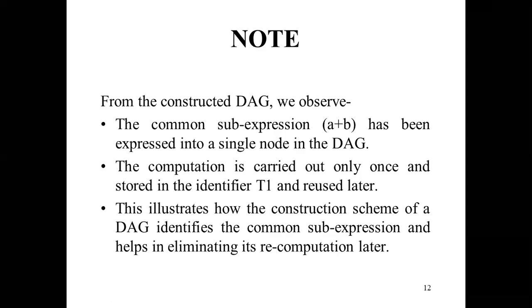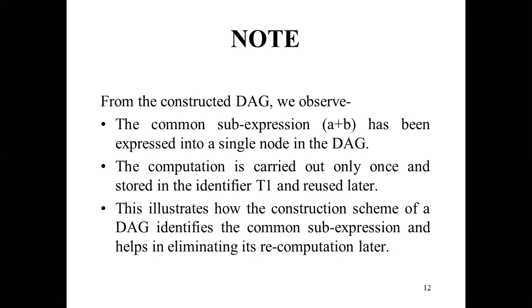And it is stored in the identifier T1. You have already seen where you are storing the value of a plus b. Even though there is a repetition of the a plus b expression, you have already chosen a plus b as T1, and you are storing the value of a plus b in T1.